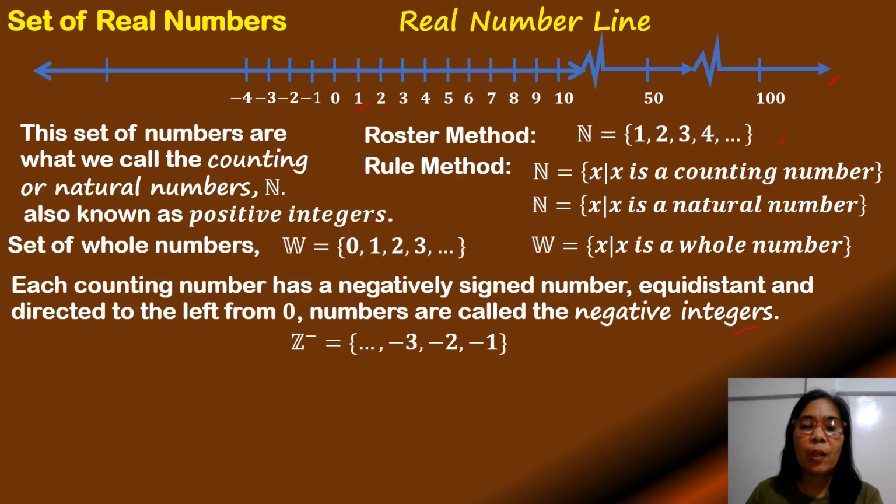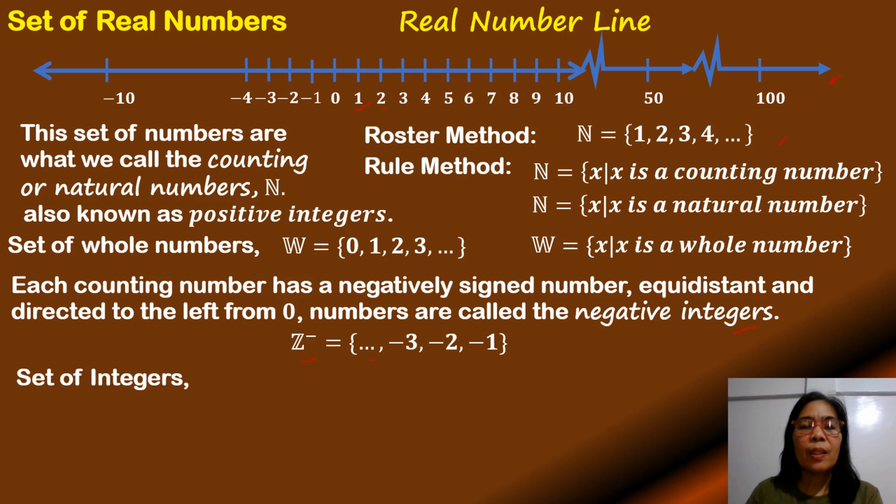So take note how we denote our set of negative integers. Our set of negative integers includes numbers coming from the left. Then we have negative 3, negative 2, negative 1. These three ellipses in here again indicate the negatively signed integers.